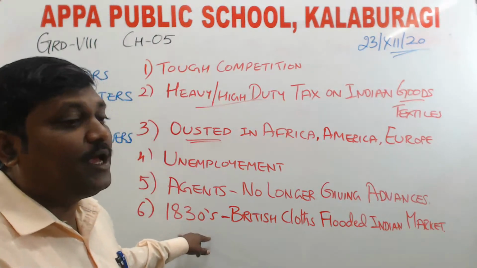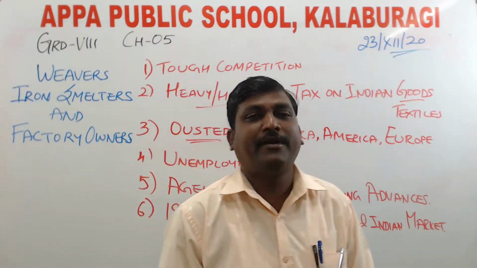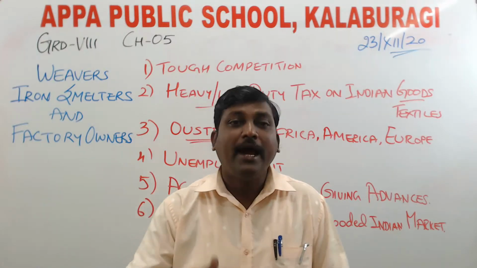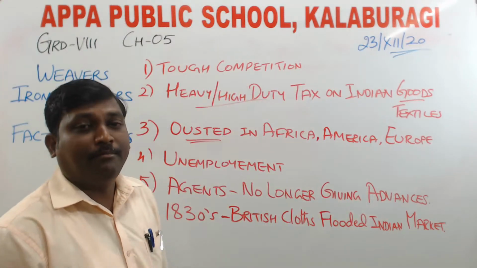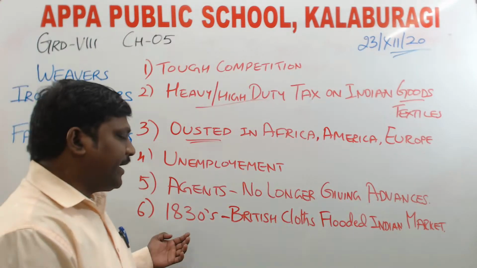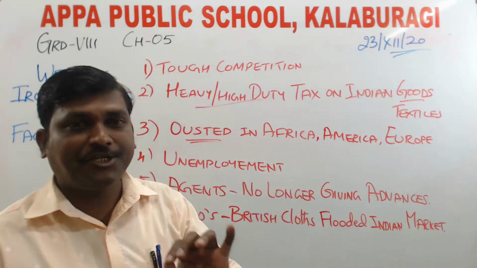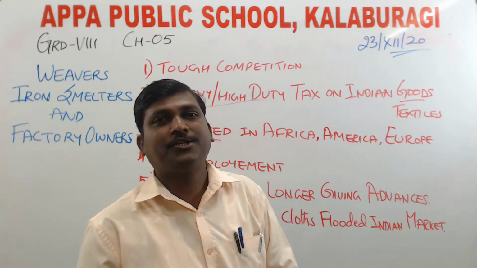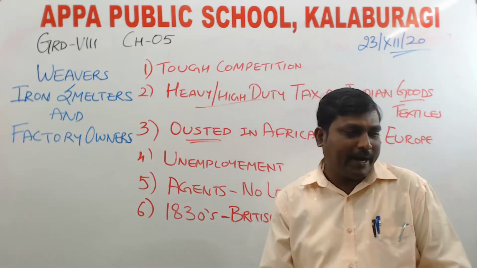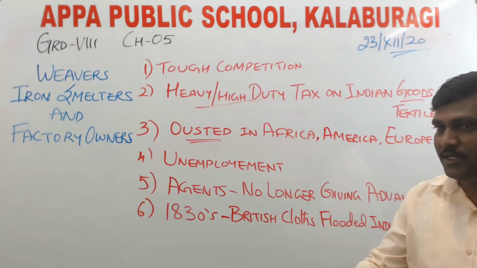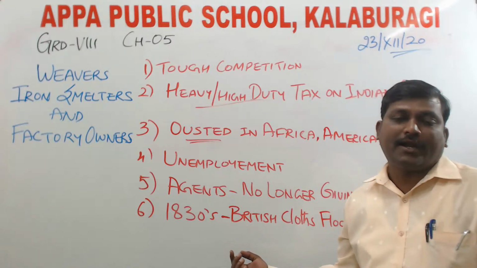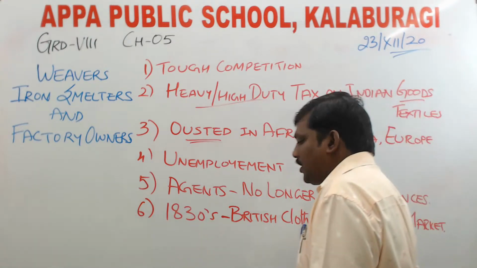Earlier, the clothes from India were exported to England. But in the 1830s, because of the industrial revolution, it bounced back and reversed. Now the cloths started to come from England to India.